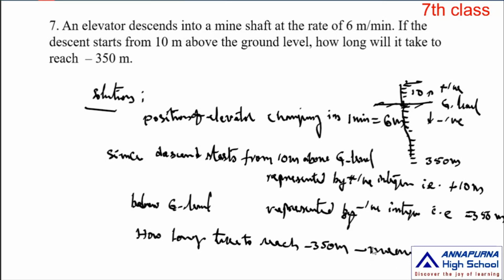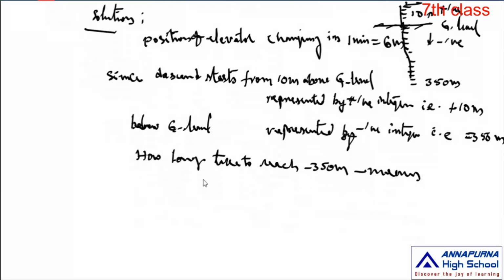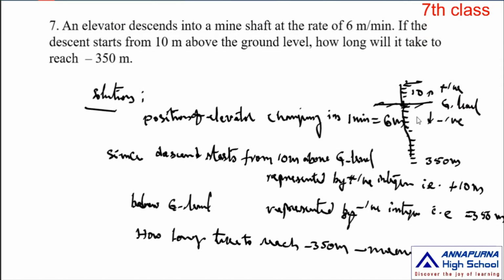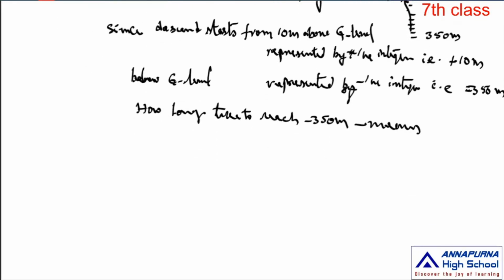First you find the total distance. When you find the total distance, you add them as whole numbers. You find the total distance traveled by the elevator. Total distance means 10 plus 350. Therefore, to find the total distance, you add them as whole numbers.